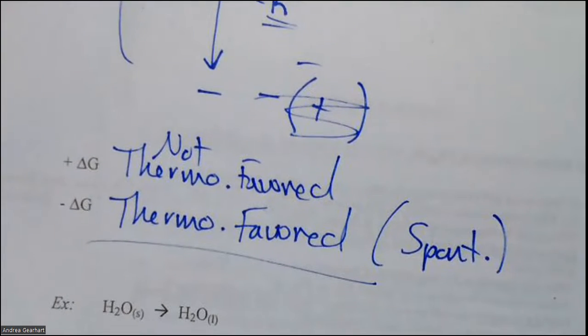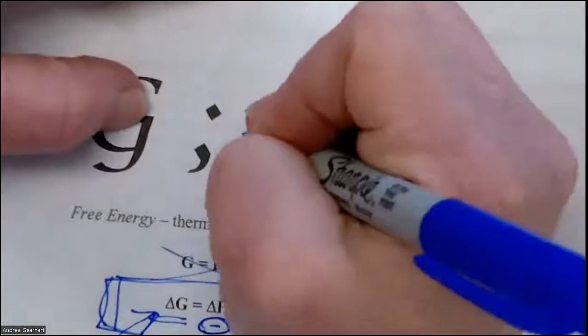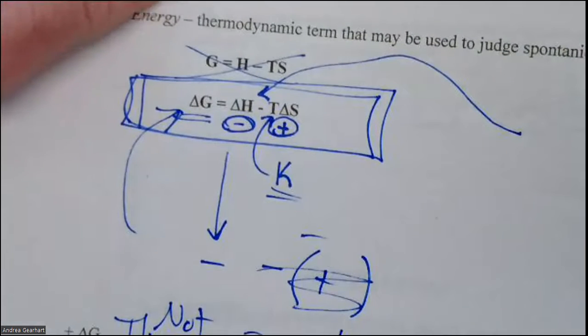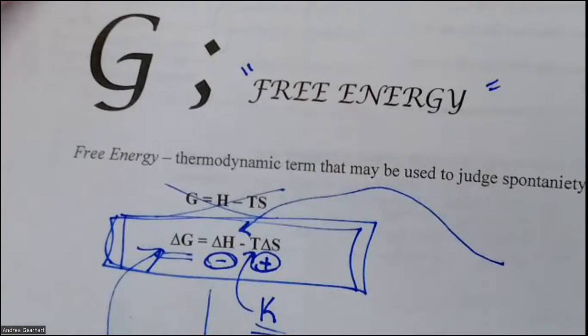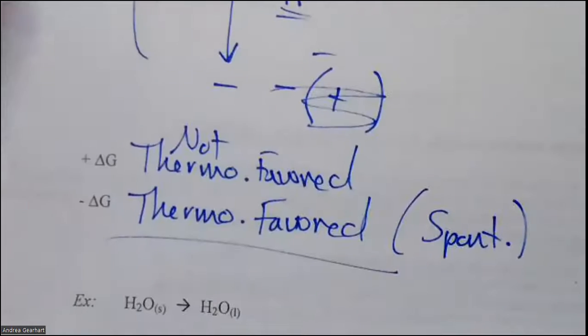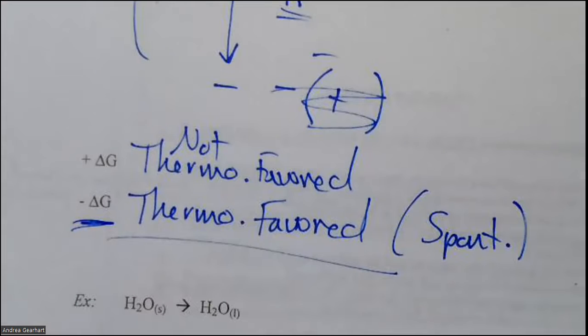Why do we call it free energy? It's a little bit of a stretch, but this can be our interpretation. When delta G is negative, the process does that much work for us.